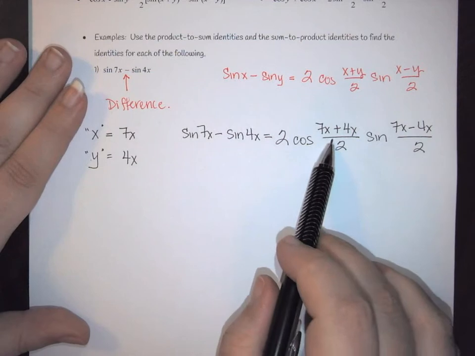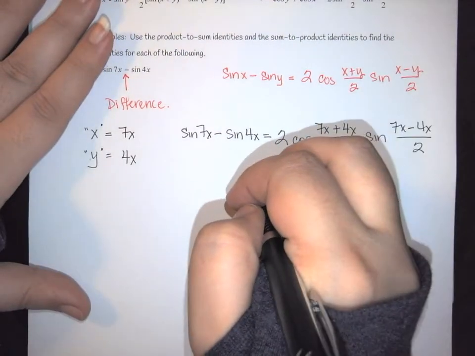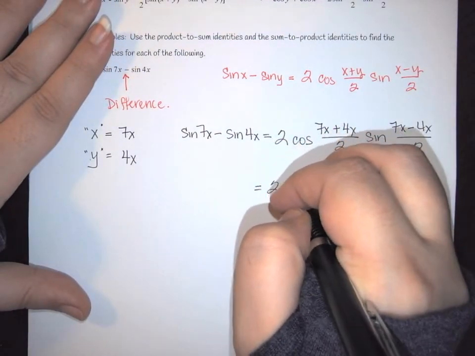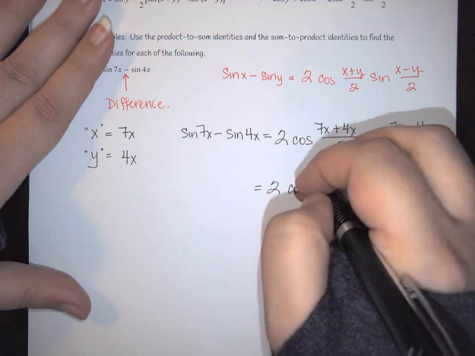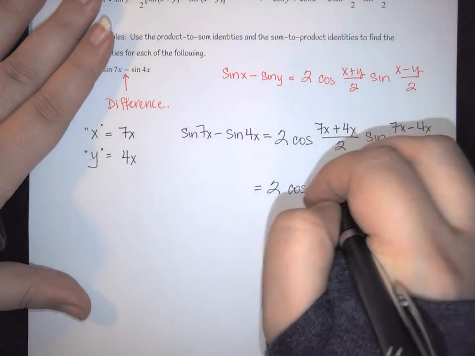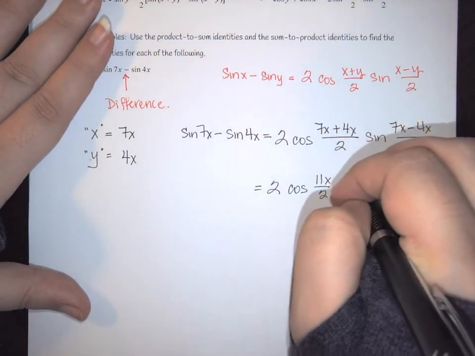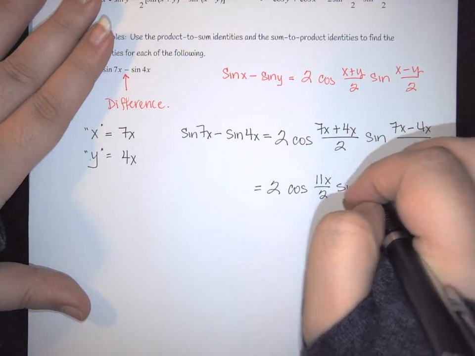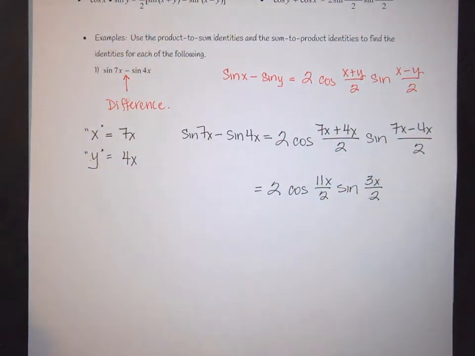You simply have to reduce. This gives you 2 cosine of 11x over 2 sine of 3x over 2. And this is all you have to do. There's nothing more complicated than that. This is what we were looking for.